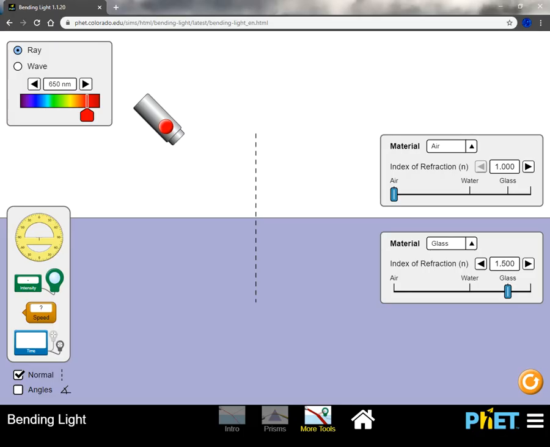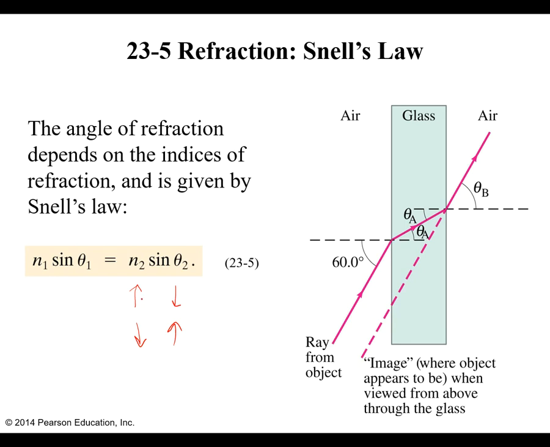So here we have a laser shining from air into glass. And so sure enough, I shine the laser, it bends. Light is going from one angle, and then the refracted angle is going to be smaller. Again, that's exactly what we saw here.